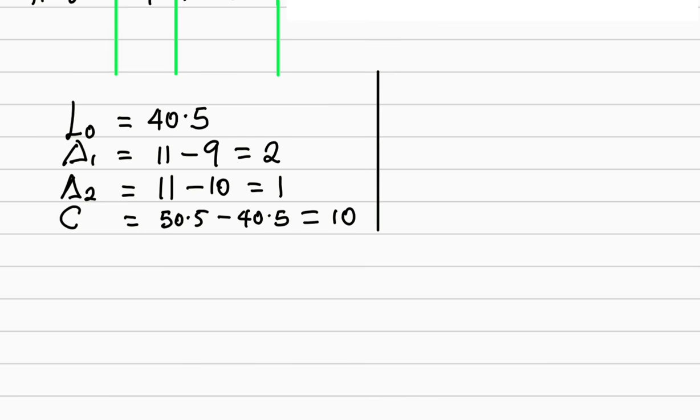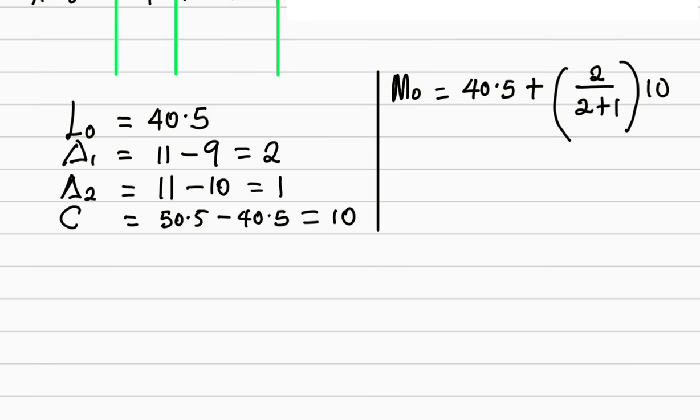Now, how do we get our mode? MO, we substitute, is equal to LO, which is 40.5, plus delta 1, which is 2, all over 2 plus 1, which is delta 2, then times 10.